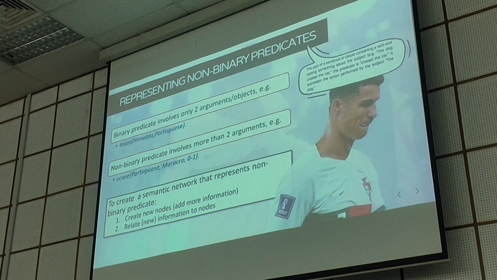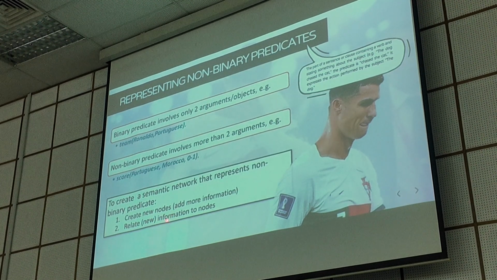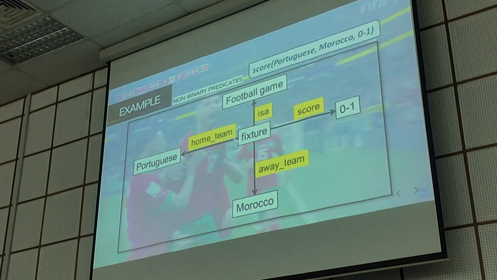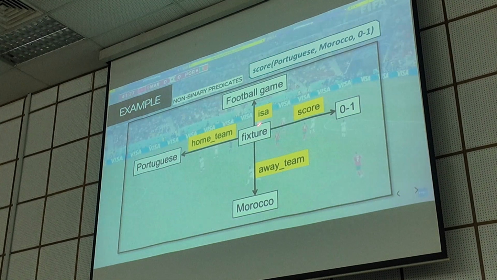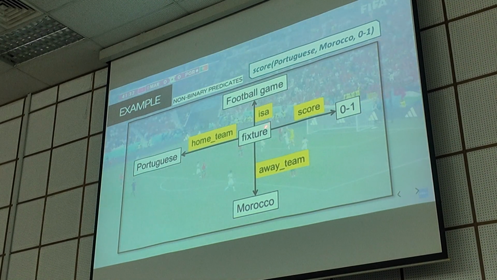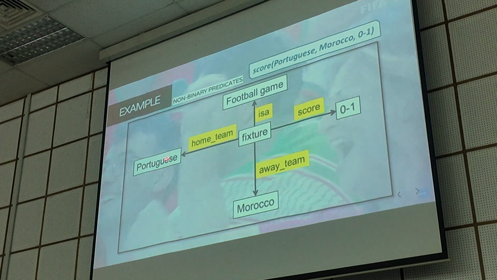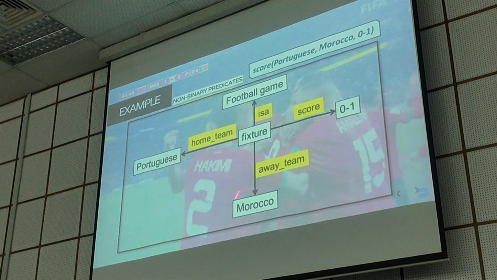In this case, you have to create a node, a new word that can link these three objects together. For example, I can create a keyword called features. Features is an instance, a subclass of the football games. These features join Portugal, the score 0-1 and Morocco here.